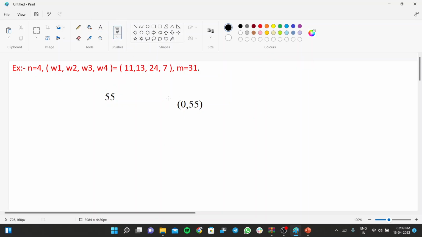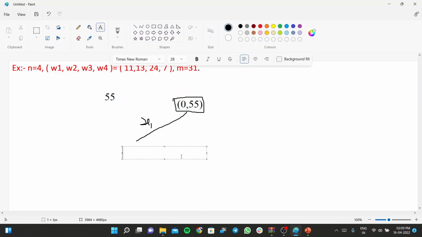I will consider this as my first node, and then I will draw a line like this, and I am including x1. After including x1, we need to write 55 minus 11, that is 11 comma 44. So this is my first one.